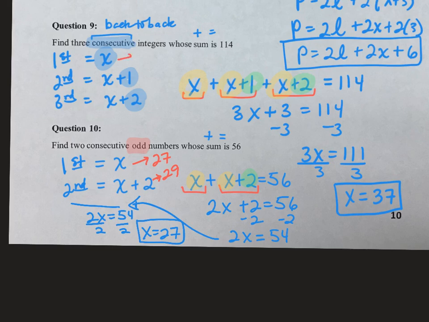Over here, I had x is 37, so this is 37, 38, and 39. If I add up 37 plus 38 plus 39, I should get 114. And if I add 27 plus 29, I should get 56. That's just checking my work if I need to.